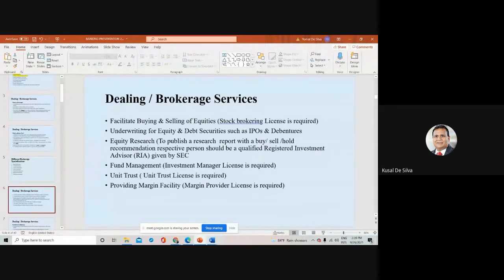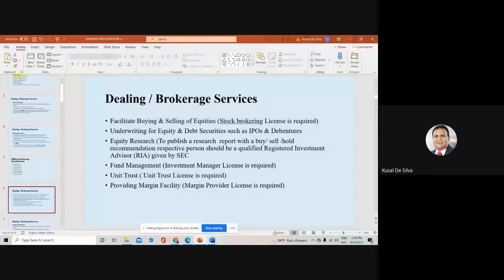So from time to time they issue debentures with a 5-year or 7-year horizon, and these are issued through investment banking arms of different registered companies in Sri Lanka. Some are under banks. So these debentures are issued by these brokers.